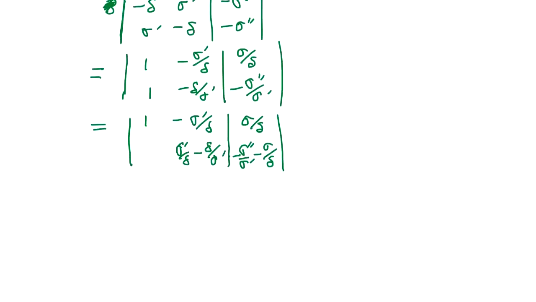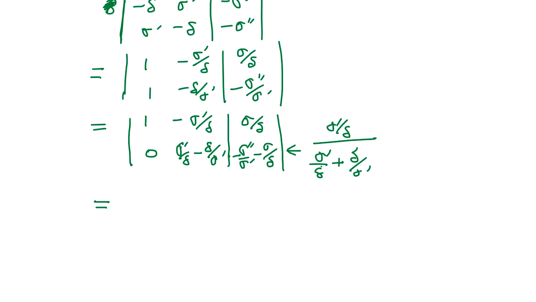Okay, one more step. So this line we have to multiply by delta over sigma prime, we have to multiply this to this, right?